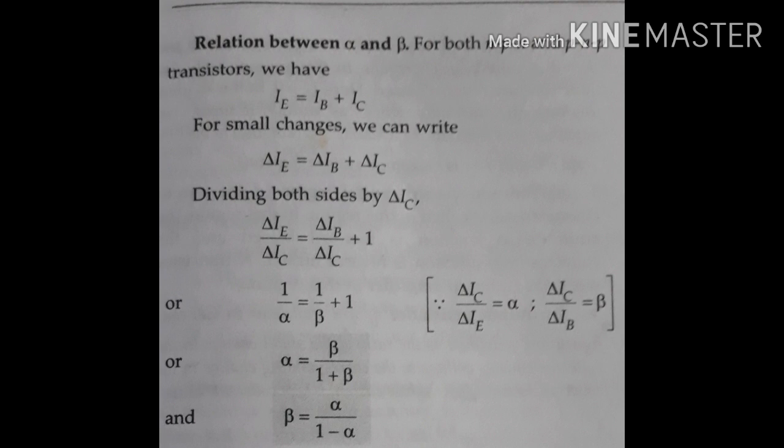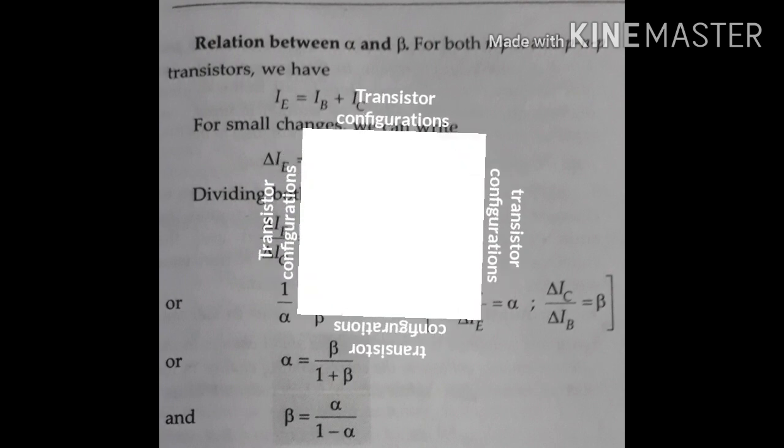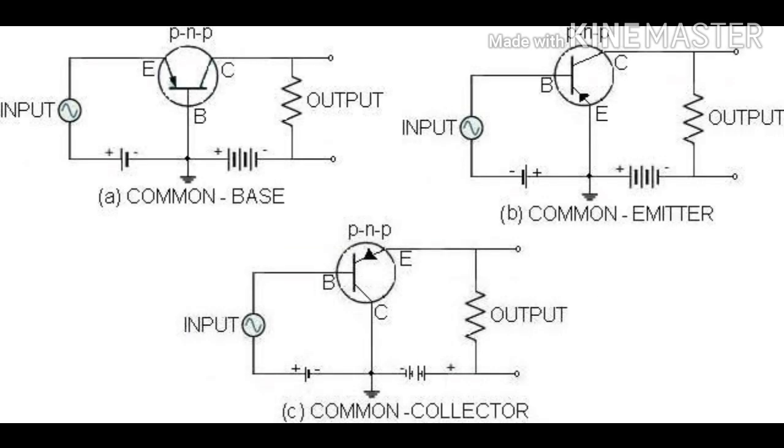So, alpha must be equals to beta divided by 1 plus beta, or we can say that beta is equals to alpha divided by 1 minus alpha. The value of alpha is between 0.95 to 0.99 and beta's value is from 20 to 100. So we can see that the value of alpha is less than the value of beta.